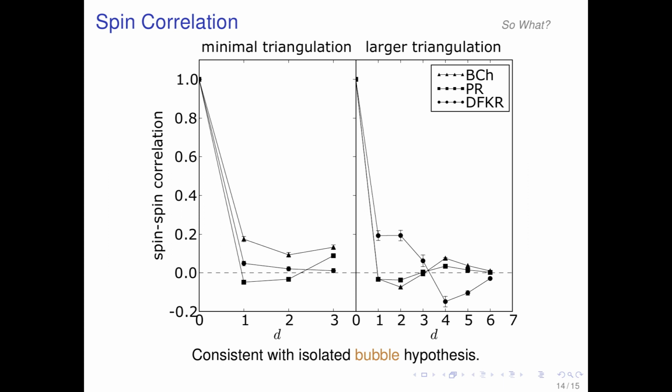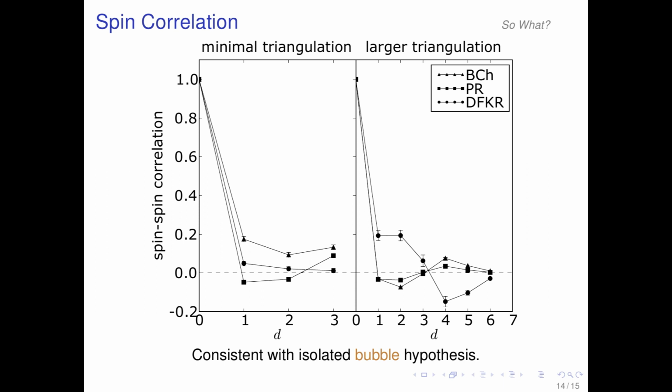So let me just concentrate on the larger triangulation. We find that there's some characteristic dip in the correlation function for Barrett-Christensen and Perez-Rovelli models, and then some rise, and it looks like there's another dip. This behavior may actually continue if we take larger lattices and look at longer distance correlation behavior.